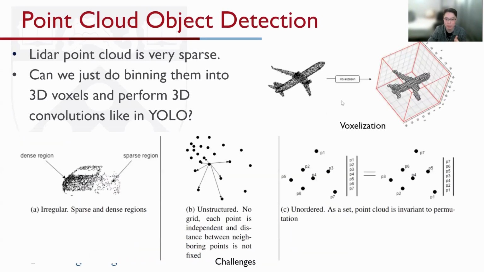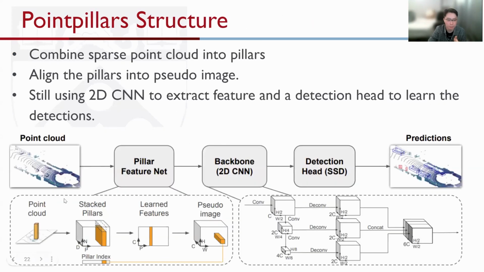You can still see this is an airplane, but this one they bin into the pillars, and they just align them into an image. So some of the 3D dimensional information could be pressed and misaligned, but it doesn't really matter.